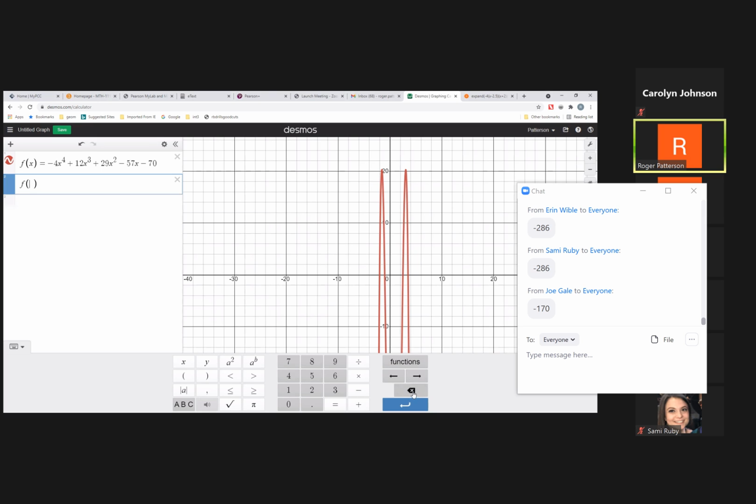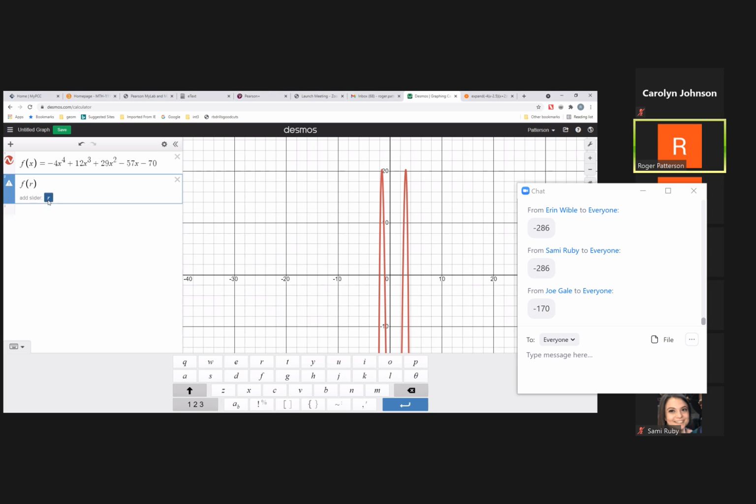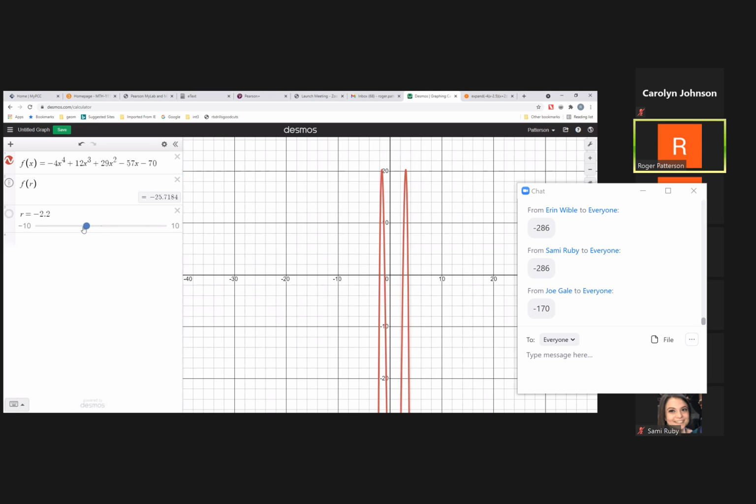So if I come in here and put an R in there for root, and I slide this, then it's going to tell me what it is at that value. The remainder is just going to be what it is. See, here I got negative 8638 when it's 7. This thing just dives way down there. So maybe I can come up here and trace on this and get to negative 1.1.